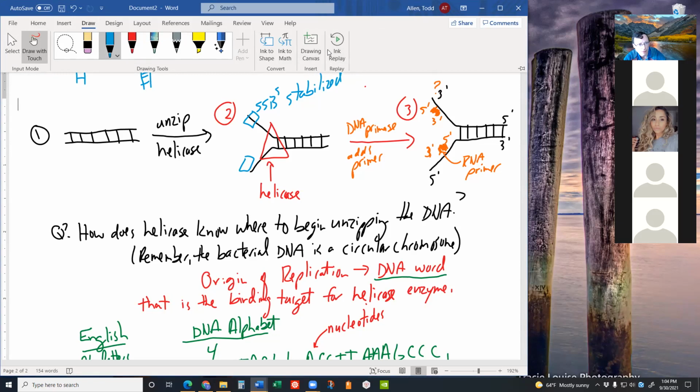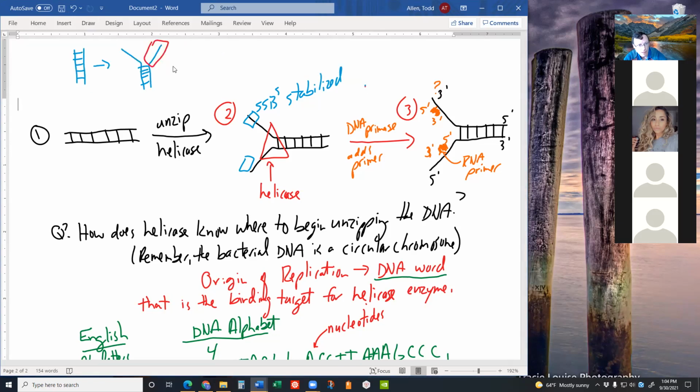They can do this. Okay, they can do that. And if that happens, this would block DNA replication.